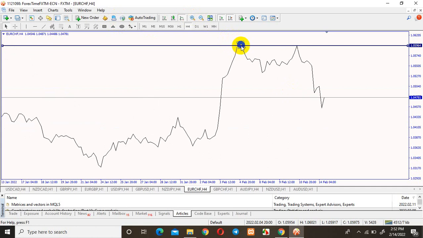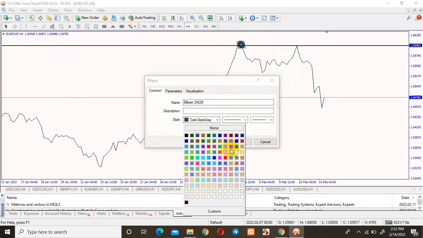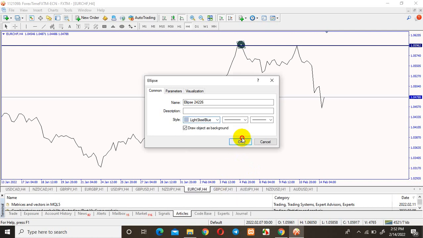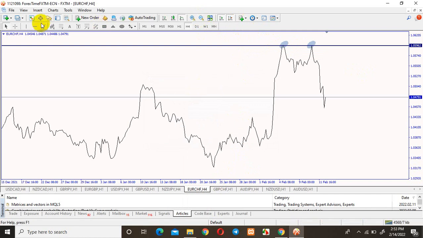Okay, so we see price. Let me change the color of this ellipse too. Okay, let's go with this. So you notice that we have a double top. I'm still on the line chart.